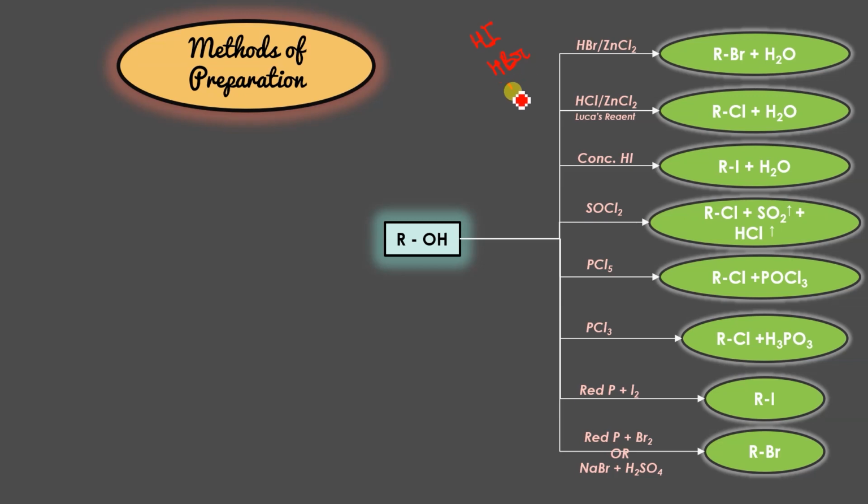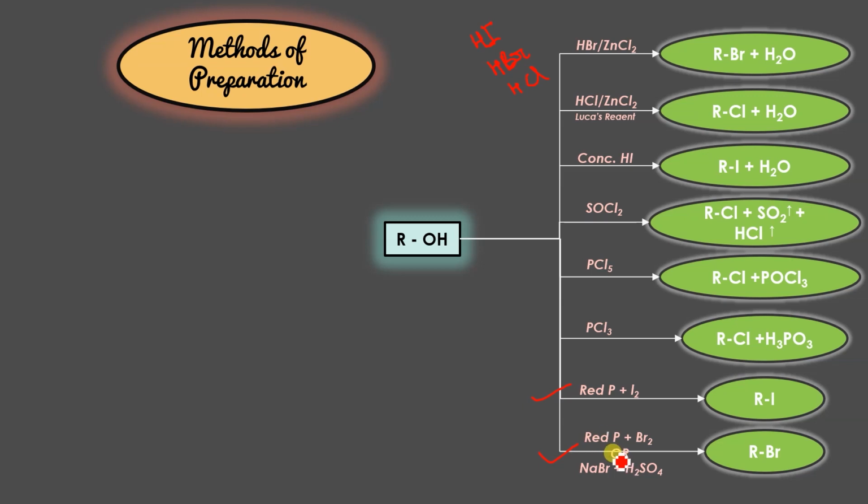Why? Let me explain. HI and HBr are highly volatile, so we cannot store them in our chemistry lab. So how will it form? If we have to prepare RBr or RI, what to do? For that, this reaction is done.